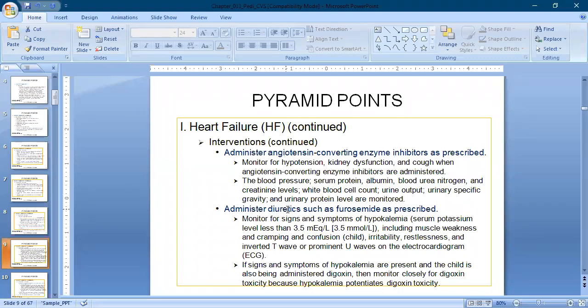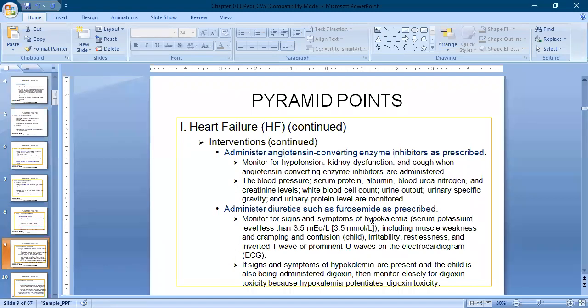Administer the beta blocker like metoprolol, they reduce the heart rate and blood pressure. Administer diuretics such as furosemide, Lasix, as prescribed.